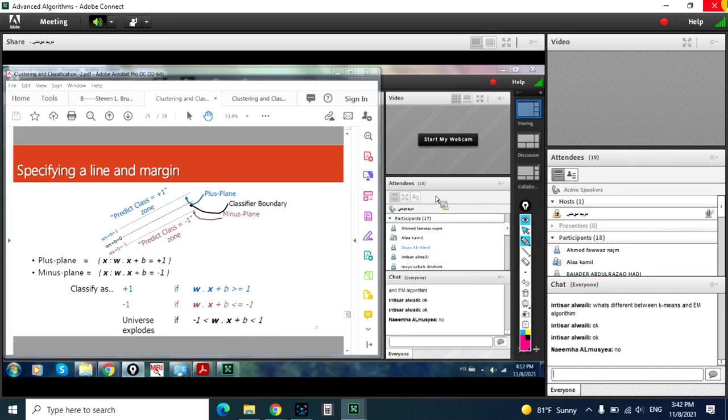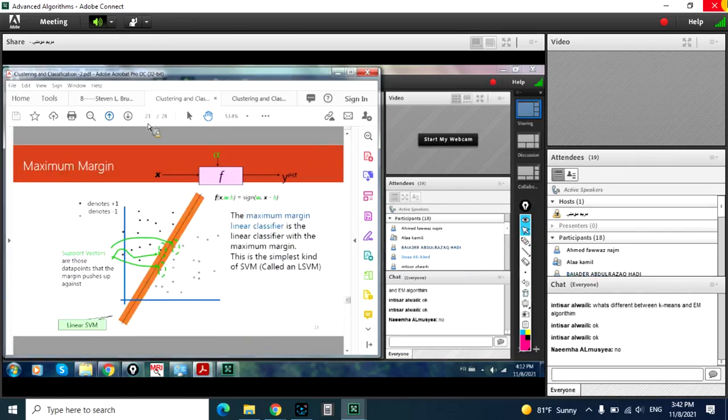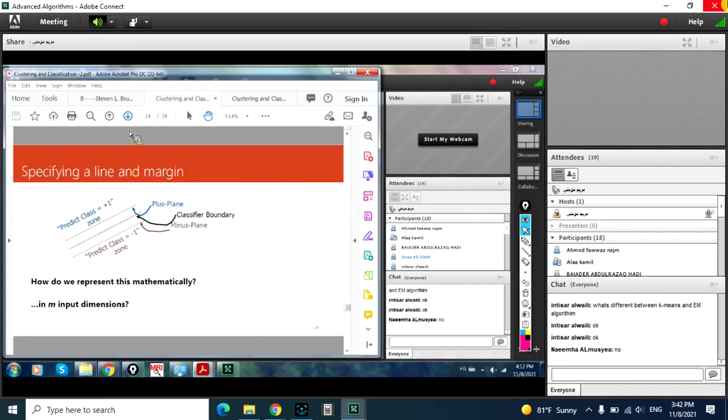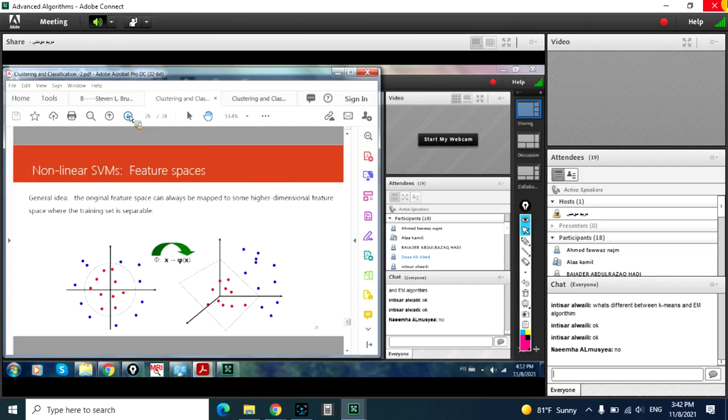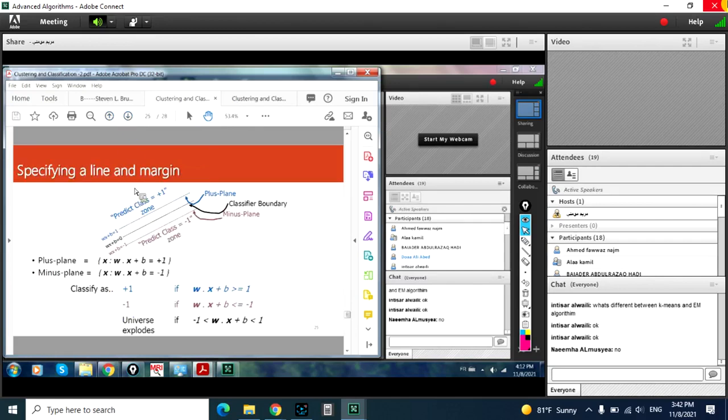And because of this, in the previous slide, we said that we want to find this f, and this sign is related to this margin that I explained here. Then again, by mathematical equations, we can find this w and this b.